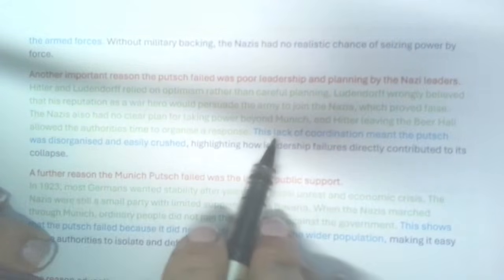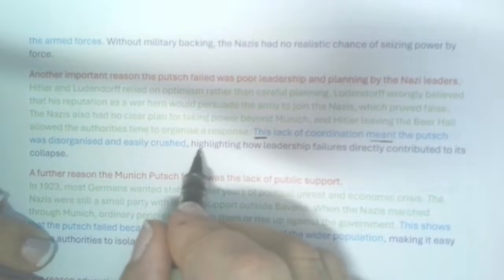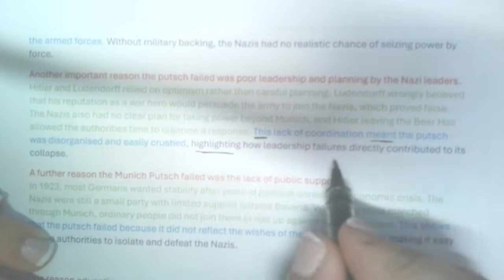Just this meant, okay? That's my key phrase. Now for my analysis, highlighting how leadership failures directly contributed to its collapse. So that's my how important is this? Well, leadership failures directly contributed to its collapse.